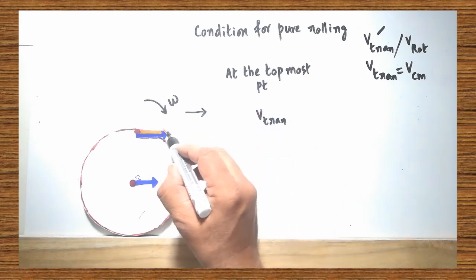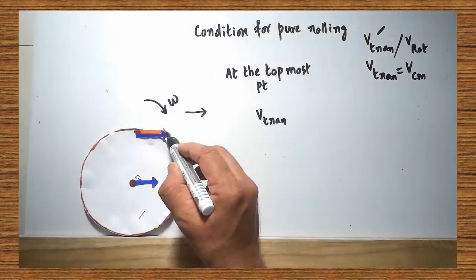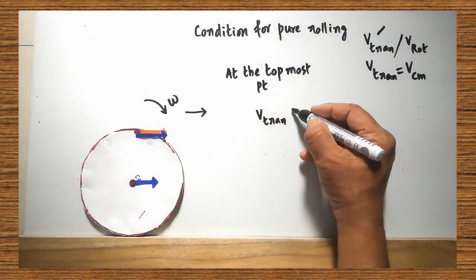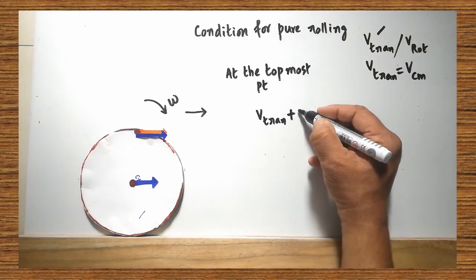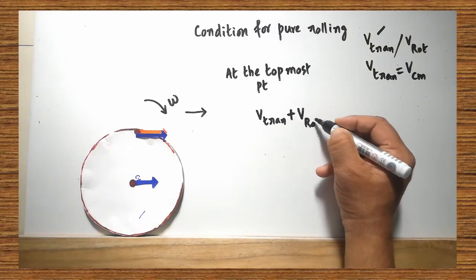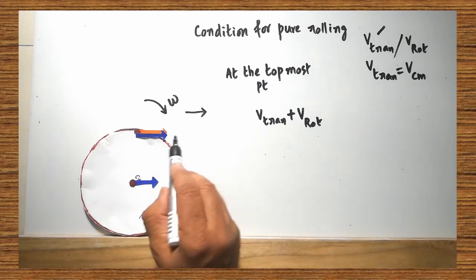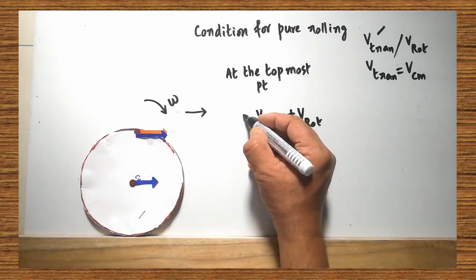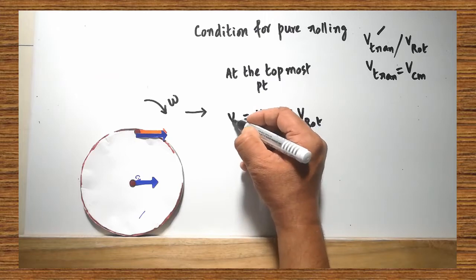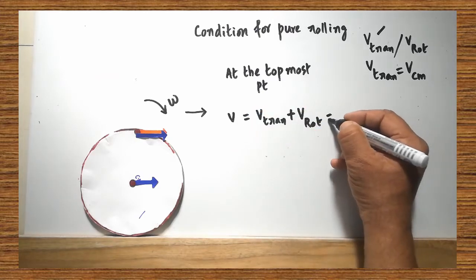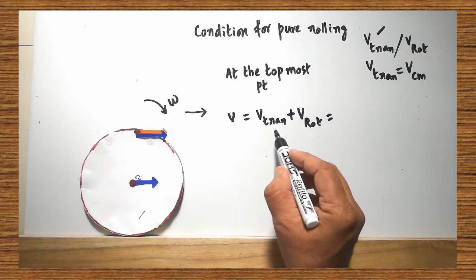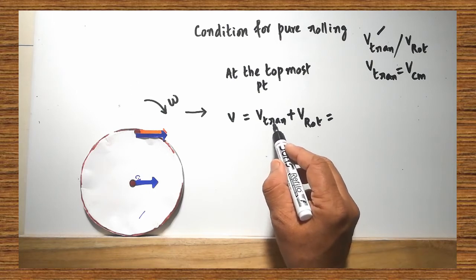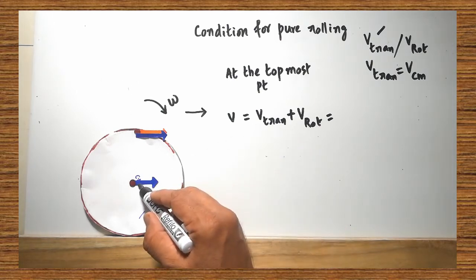Here that orange color arrowhead shows the direction of the rotational velocity. Therefore, I have to add V rotation also, because both velocities are vectors, and both are acting in the same direction. Therefore, the total resultant velocity can be written as V. Now we will see the most important thing: V translation is equal to VCM.